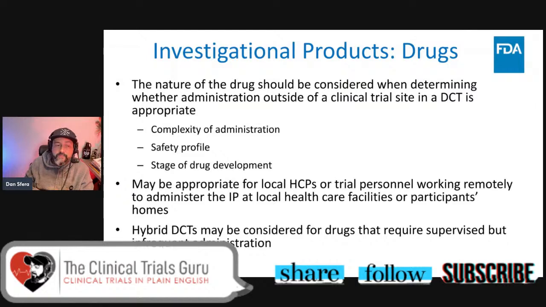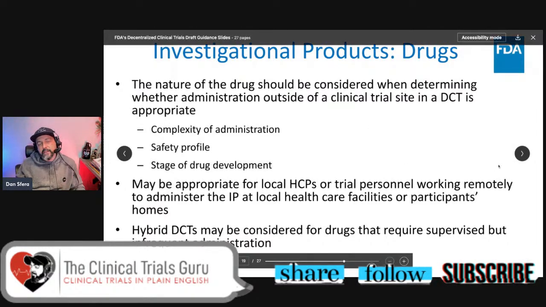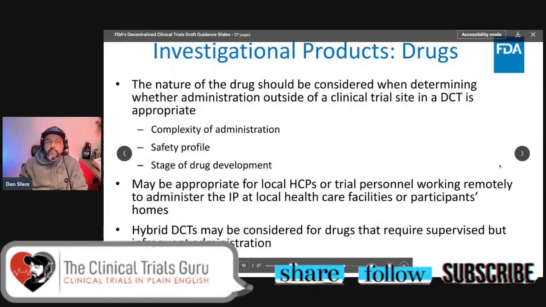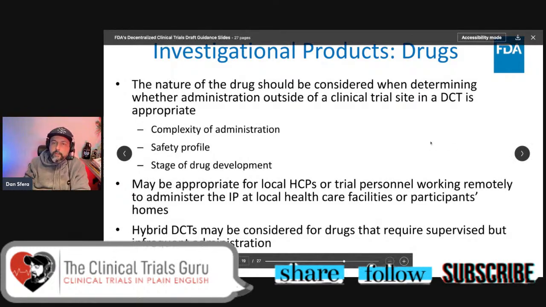But who's going to bring them food? How many are going to do that? That's not what they do. Clinical trials are more boutique, like a luxury experience. We even give them TVs and internet, and we accommodate them. So that's where I see problems with the longer IP administrations.